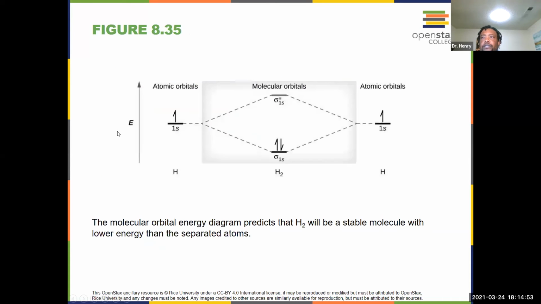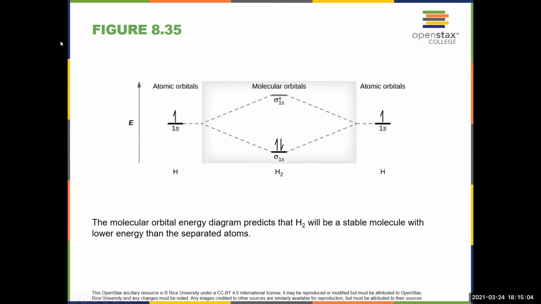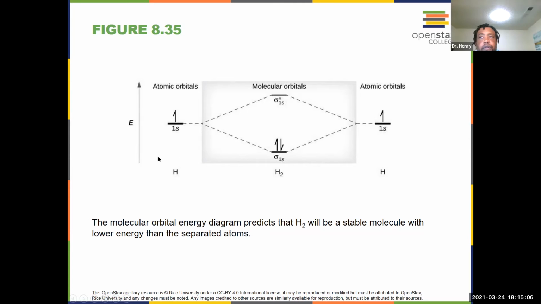Let's go and look at hydrogen. Okay, hydrogen has how many valence electrons? One. Okay, so this represents our atom. This is going to represent our molecule. This is going to represent our atom. So each of the hydrogens are going to provide 1 electron. So if we get 1 electron from this hydrogen and we get 1 electron from this hydrogen, we're only in our bonding region.